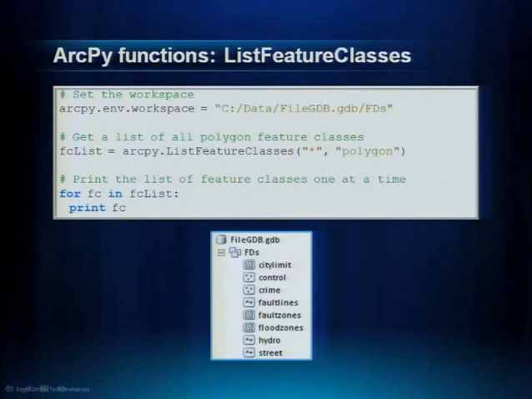So if we put polygon there, only the polygon feature classes will be returned in the list. We'll then use a list loop in the bottom of the sample: for FC in fclist, that is the list that we created, and we'll just print the name of that FC. If we did this, it would return these three feature classes that are highlighted, and those are polygon feature classes in that feature dataset.